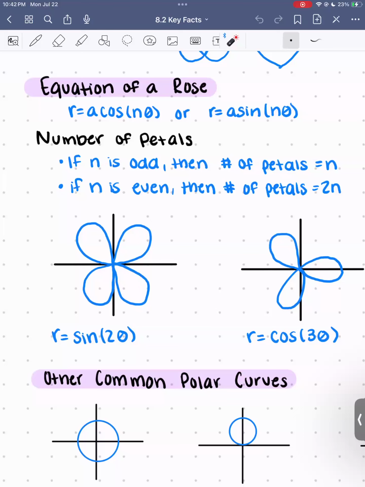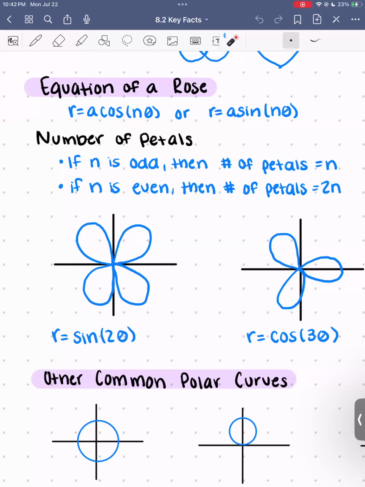So then we have the equation of a rose. Roses can be formed with either cosine or sine. So we see r is equal to a cosine n of theta, or r is equal to a sine n of theta.